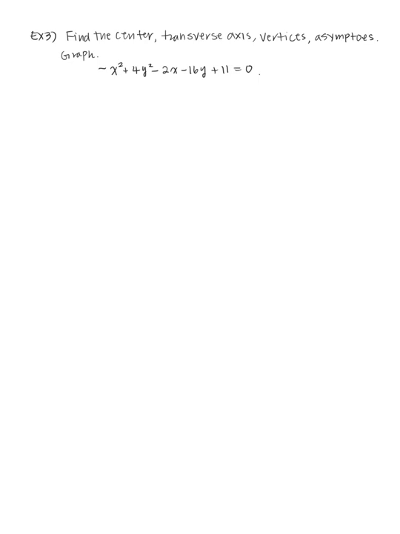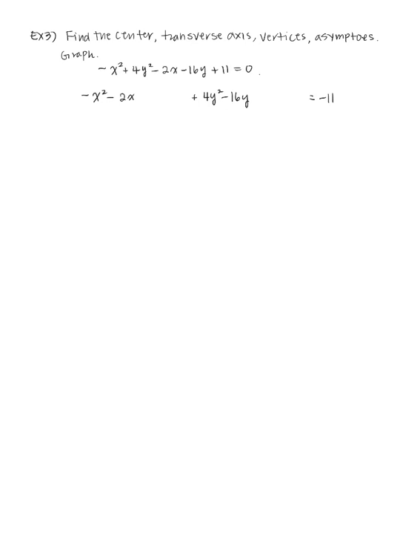I'm going to rewrite this as negative x squared minus 2x, and I'm going to leave a little room because I know I need to complete the square. Then plus 4y squared minus 16y. And I'm going to move that 11 to the right-hand side by subtracting it, so the whole thing equals negative 11.